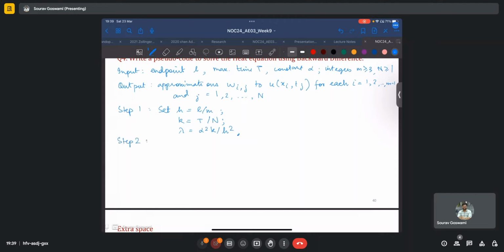In the second step, for i equals 1 to m minus 1, we set Wi equals f of ih.